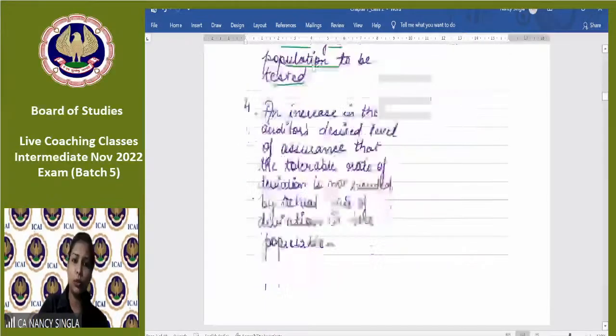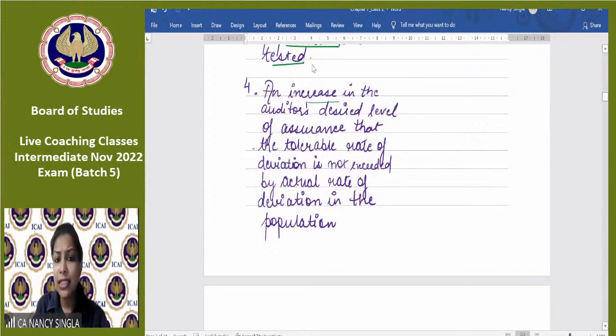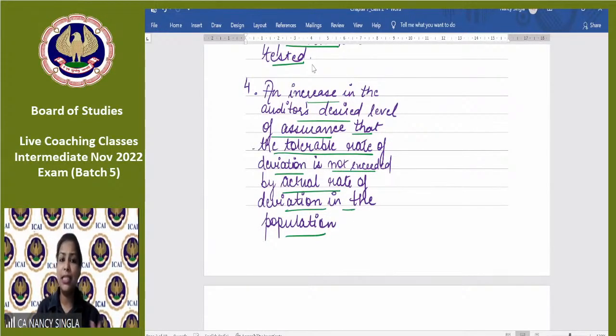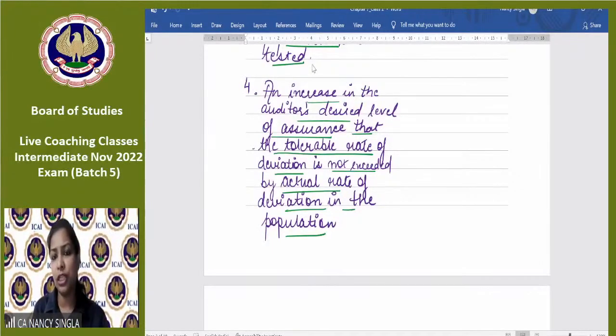Okay? Now the fourth one. An increase in the auditor's desired level of assurance that the tolerable rate of deviation is not exceeded by the actual rate of deviation in the population. Basically, a higher assurance from the internal control is required.